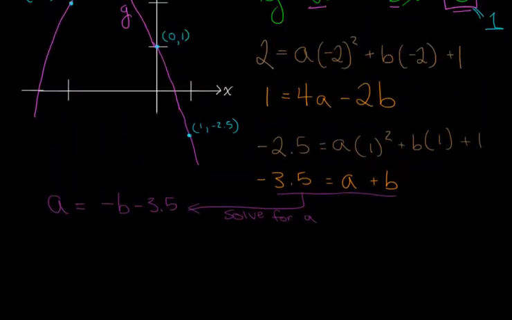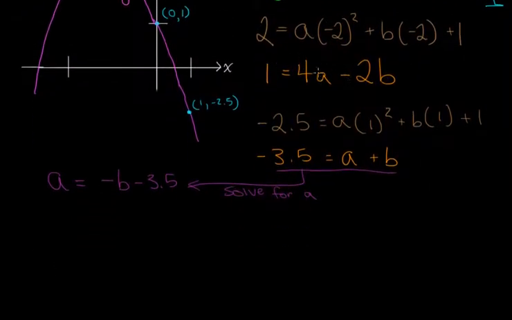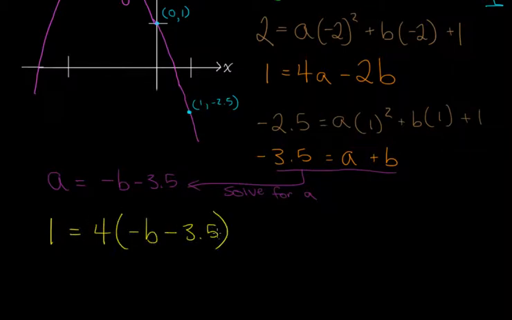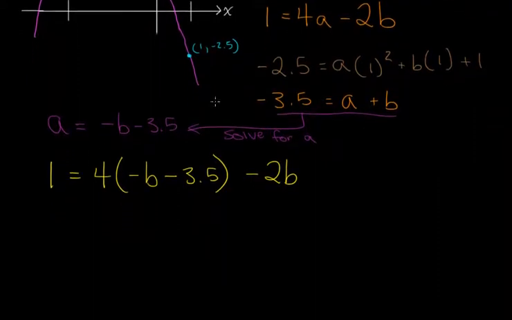So 1 is equal to 4 times negative b minus 3.5, minus 2b. No c, because we already determined c.